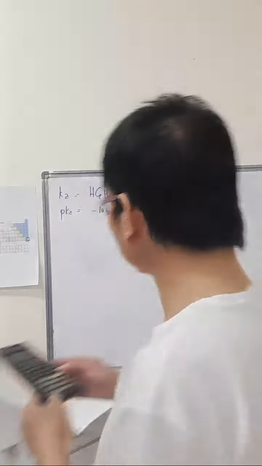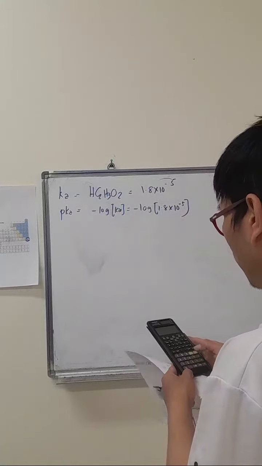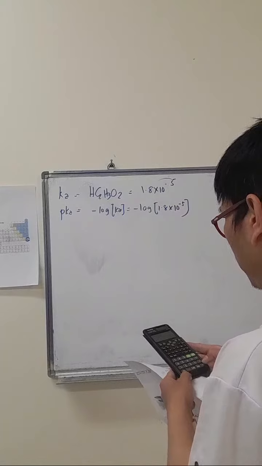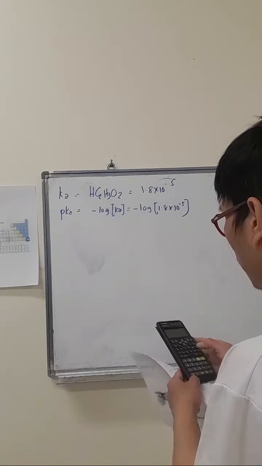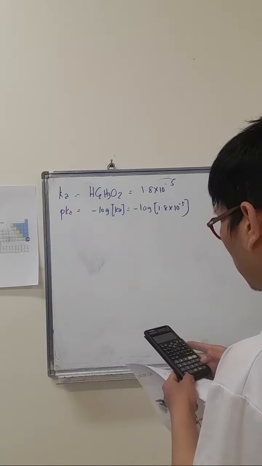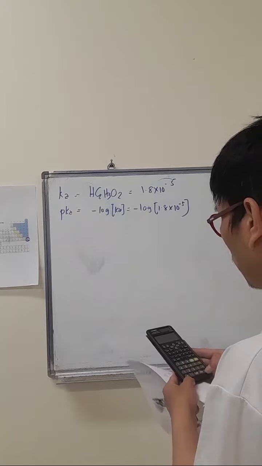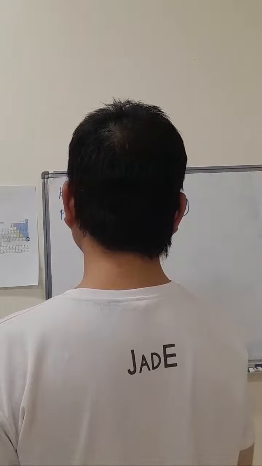So the negative logarithm of 1.8 exponent negative 5 is equal to 4.74, your pKa.